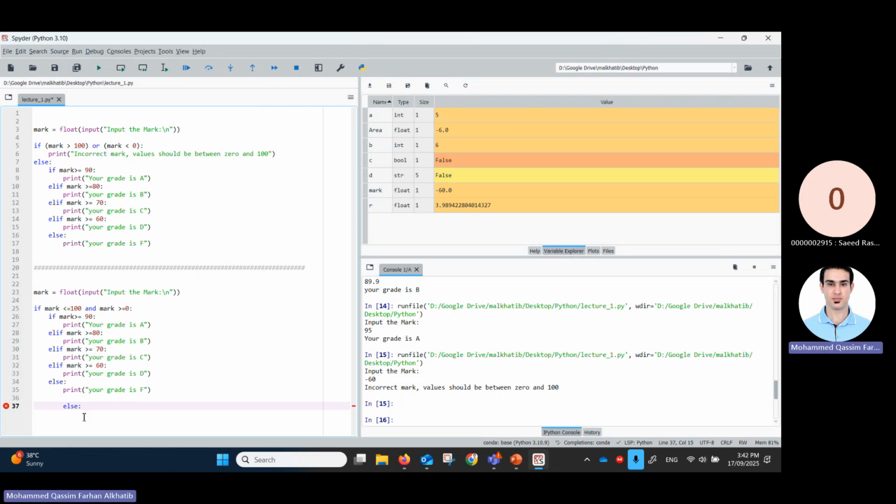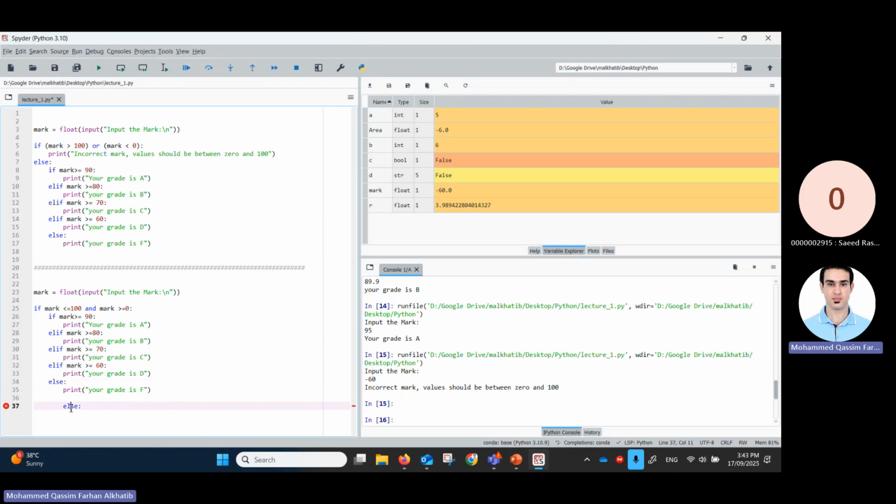Now this else belongs to what? To which if? To this one or this one? Okay, see this one here, it was already matched by elif and else. This else belongs to this if. You cannot have two else's belong to the same if. So this else I meant for it is what?